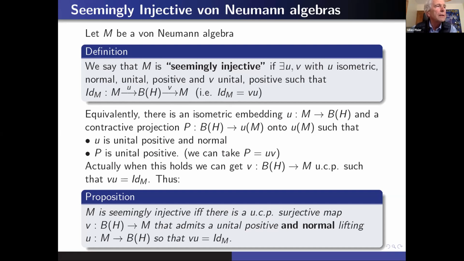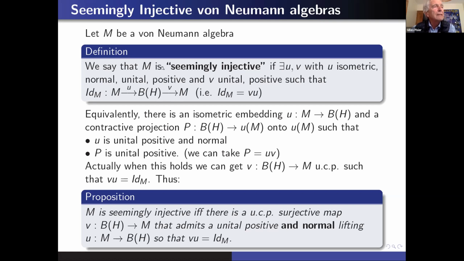So they're both unital positive. That makes them contractive. Unital positive implies contractive. So that means that U is isometric because V is a contraction. So U is isometric, it's normal.